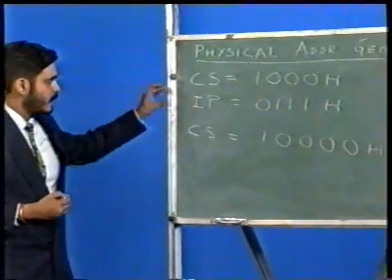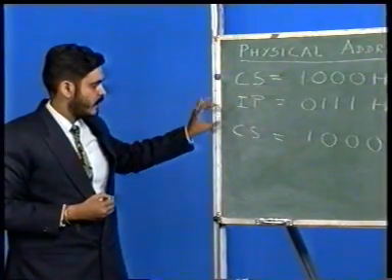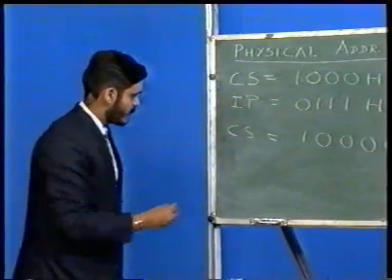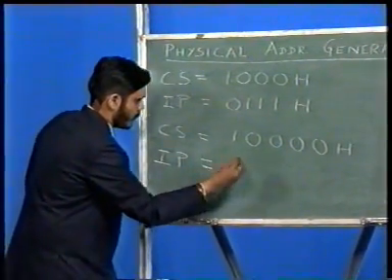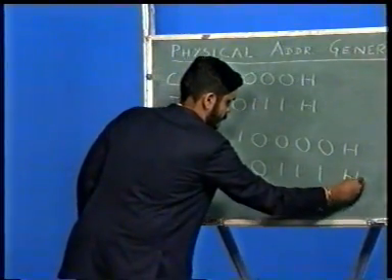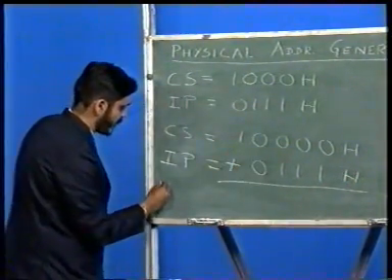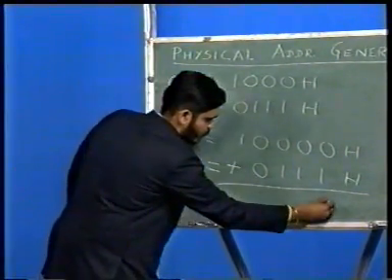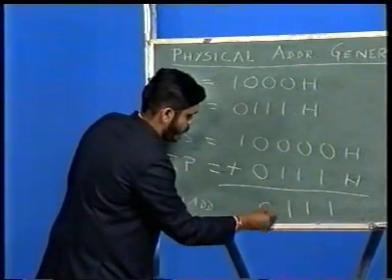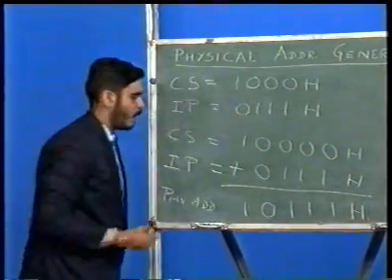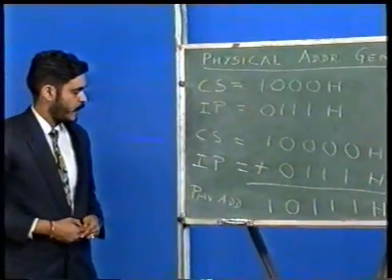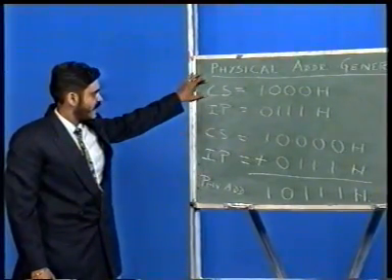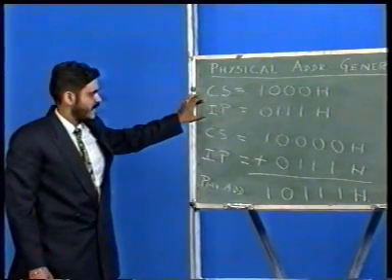Now we add the contents of IP, that is the offset, to this value of CS so as to get the required physical address. Thus, the 20-bit physical address is given by 10111H. In this way, we generate the 20-bit physical address from the 16-bit segment address and the 16-bit offset.